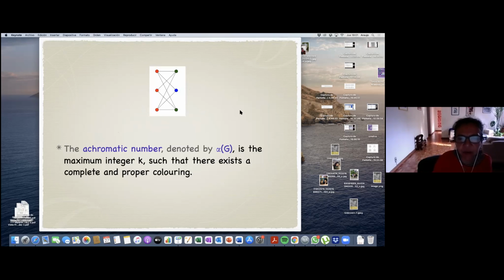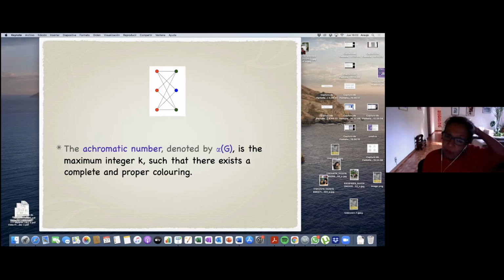Here, this coloring is proper also, but if I want to obtain a complete coloring, we want to maximize the number of colors that we can use.